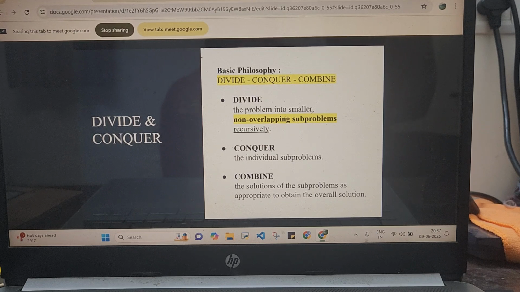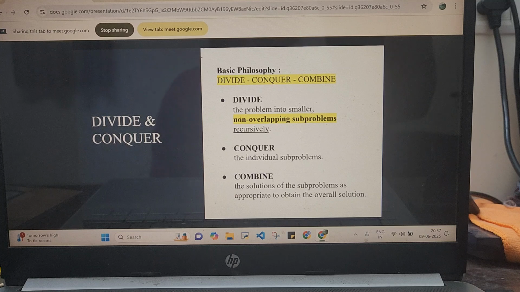For 5 factorial I need 4 factorial, but again for 4 factorial I need 3 factorial. Or if you take your Fibonacci numbers, to compute the 5th Fibonacci number you need both the 3rd and 4th, but again to compute the 4th Fibonacci number you need the 3rd. So there is an overlap or a sort of dependency between the sub-problems being created. That is not allowed in divide and conquer.